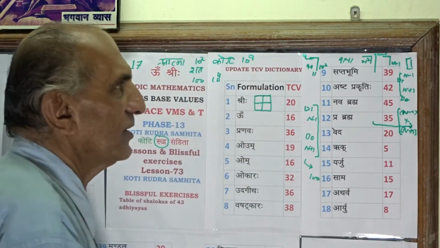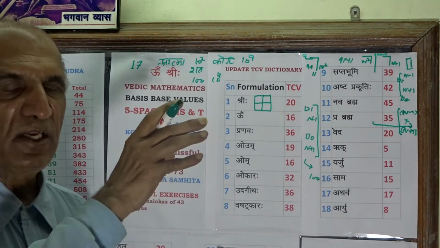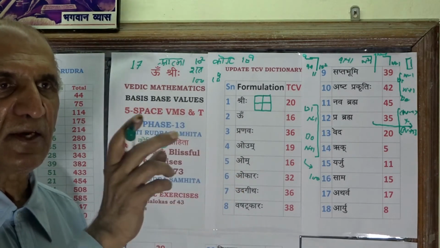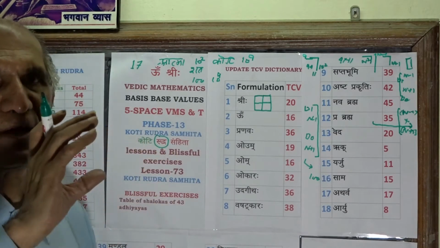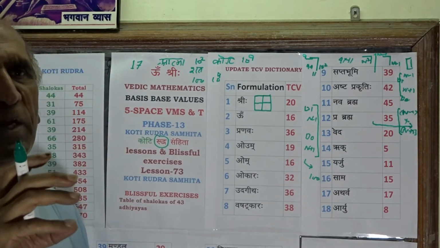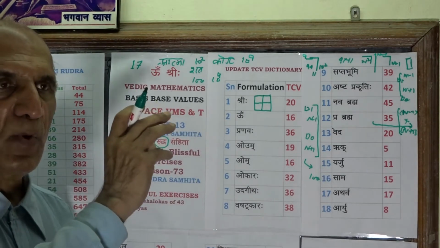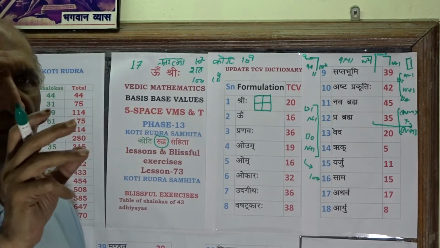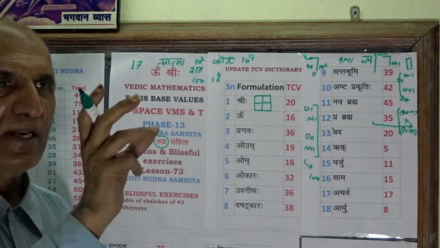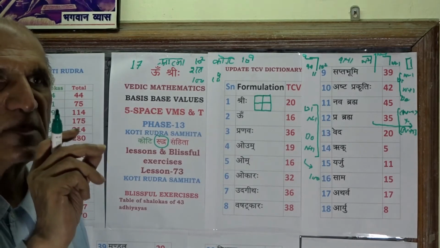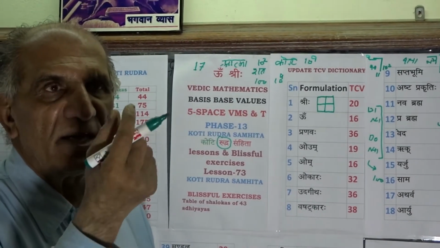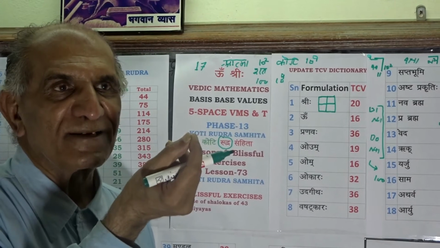We are jumping over the boundary. So our initial technique had been converting the format of a square into a rectangle, n square to n minus 1 into n plus 1. We know n minus 1 into n plus 1 gives us the value n square minus 1. It is actually 1 unit less.